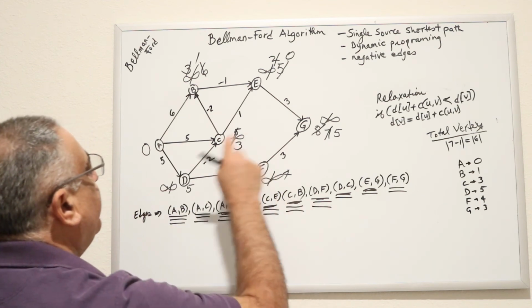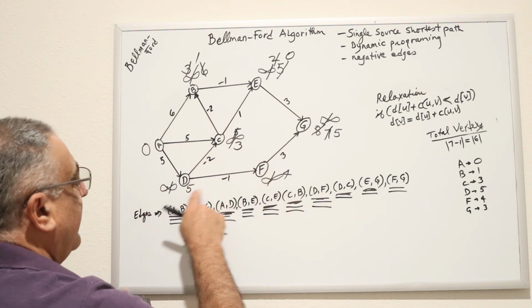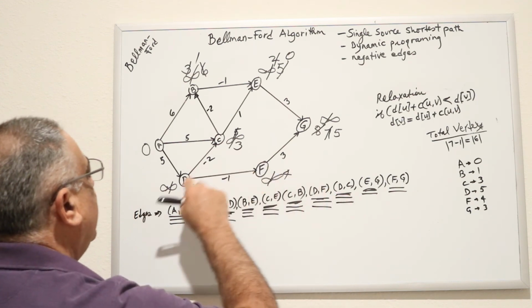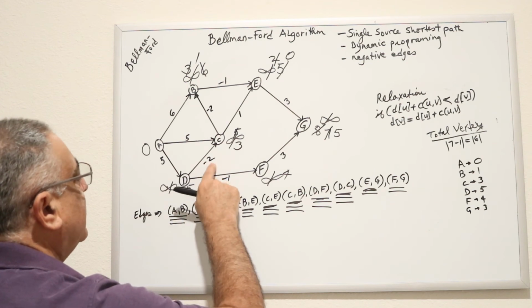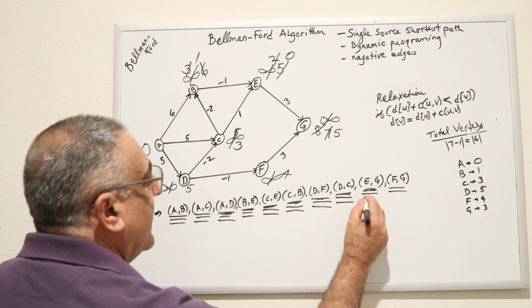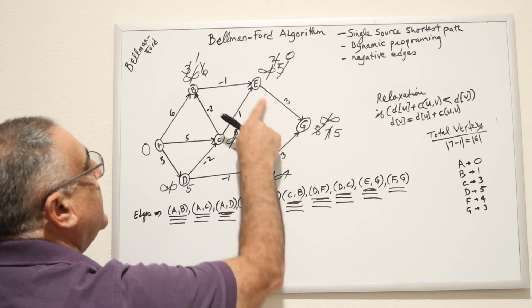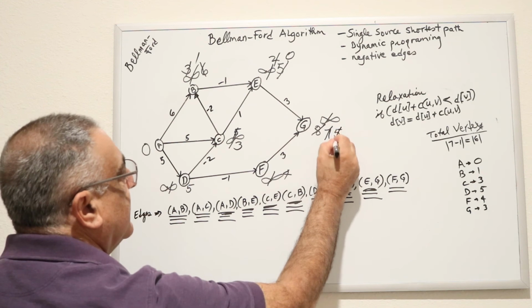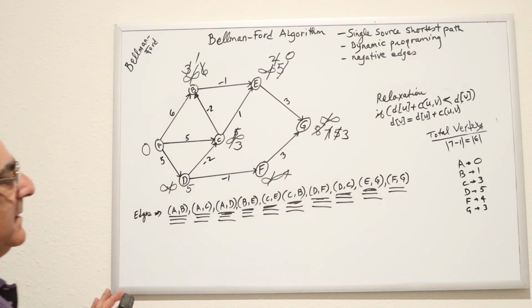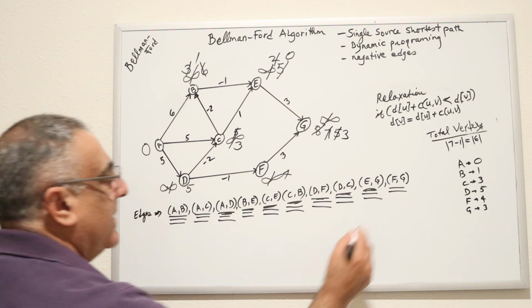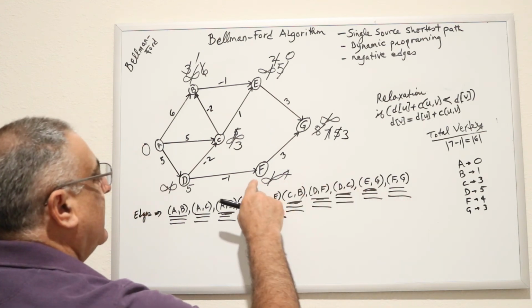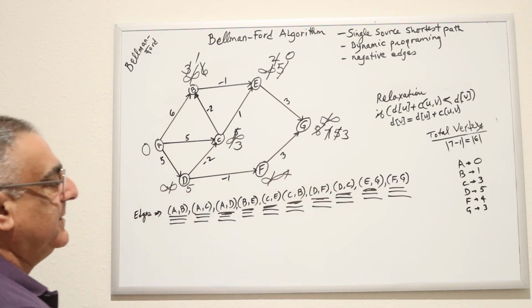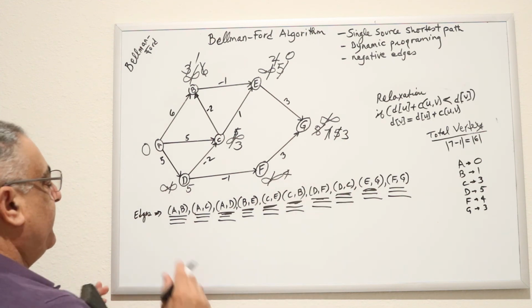D to F, 5 plus negative 1, 4, that stays the same. D to C, 5 plus negative 2, that's 3, doesn't change. E to G, 0 plus 3 is 3, so it's better than 5. How about F to G? 4 plus 3, 7, that doesn't change. So this is my third pass.